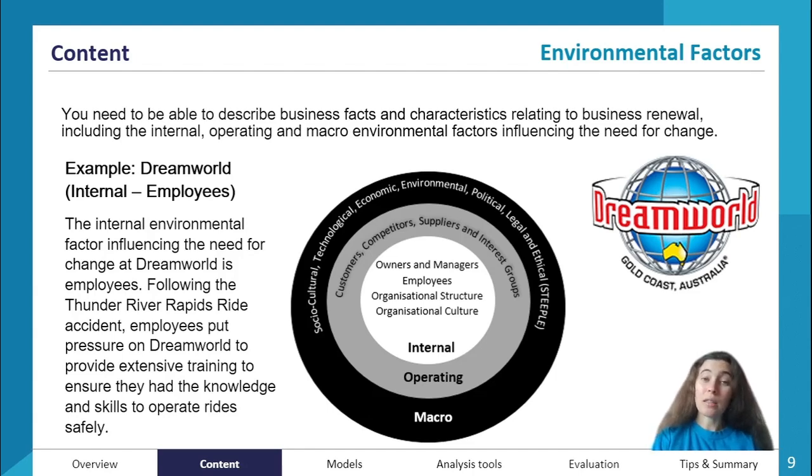And we'll have a look at some examples of these things as well. We've also got operating, and this is the next layer out, customers, competitors, suppliers, and interest groups. And the biggest level, the macro level, is where we've got the STEEPLE analysis. The acronym is handy to remember this. So sociocultural, technological, economic, environmental, political, legal, and ethical.